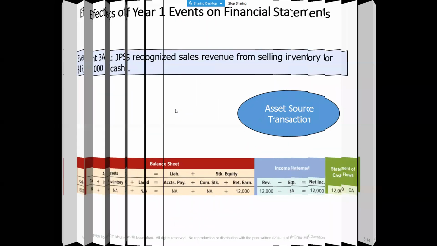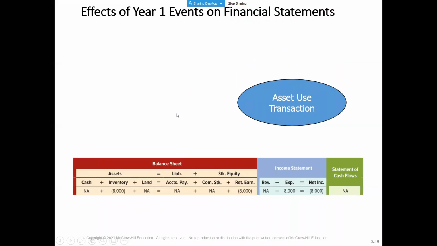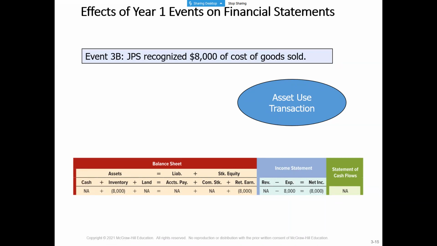Our $12,000 of sales cost the company $8,000. So in terms of gross margin, we had 12,000 minus 8,000, or 4,000. That entry is a reduction to inventory and an increase to expense, namely cost of goods sold expense. And if you do note, the statement of cash flows effect is 0, because the cash flow happened when we paid for those goods.